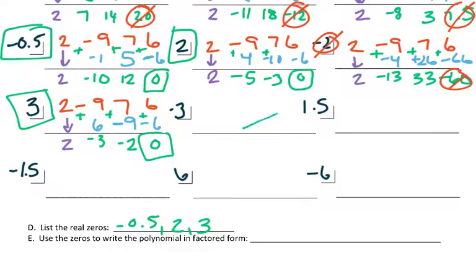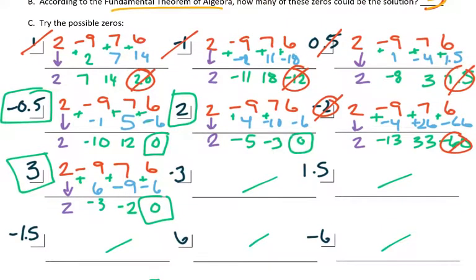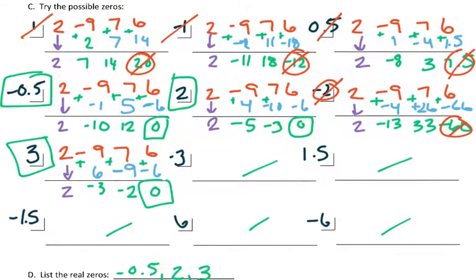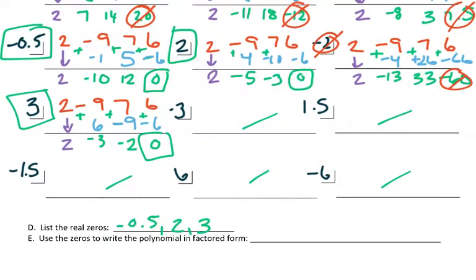So we don't have to continue with any of these because we've already found all 3 of them, so we know they're not going to work. If you want to do extra work, go ahead and practice your synthetic division with those. But by the luck of the draw, we got all 3 of them, and so we can stop. So, we're going to use these zeros to write the polynomial in factored form, which means that if these are all the zeros, the factors are the opposites.